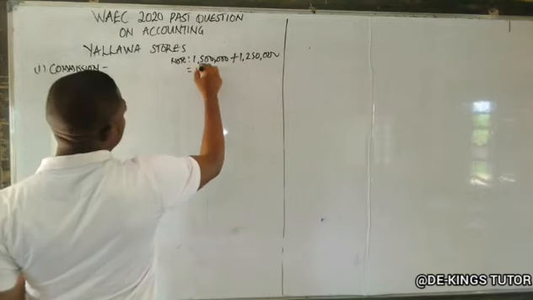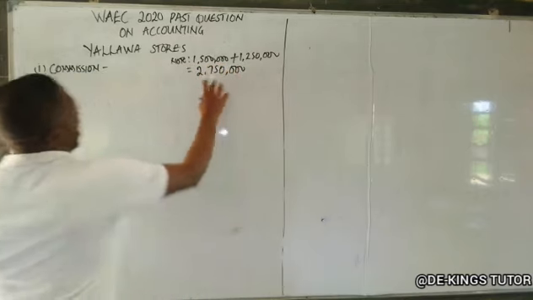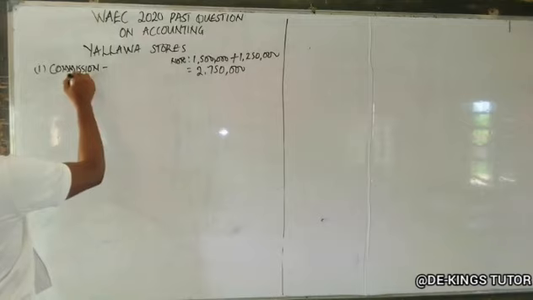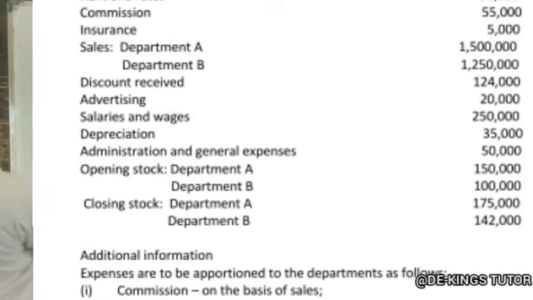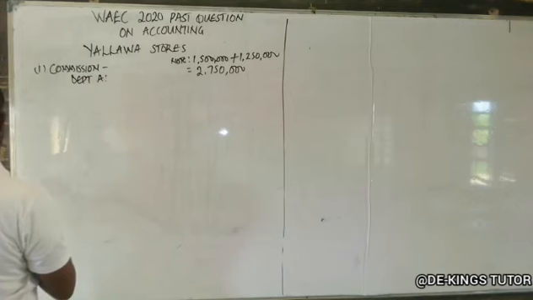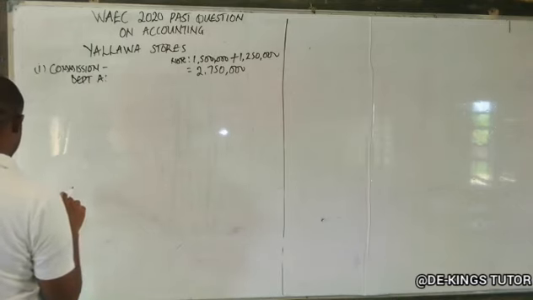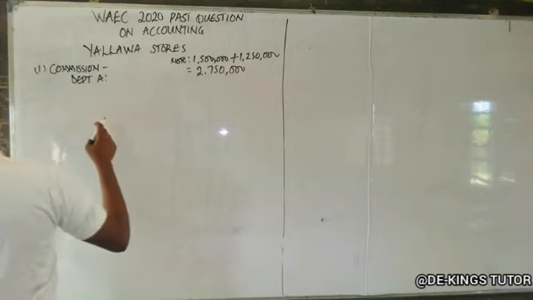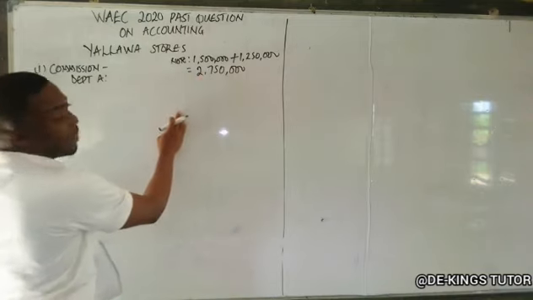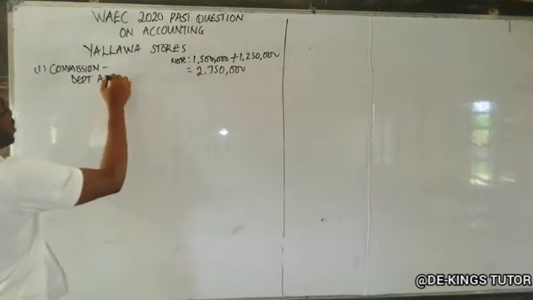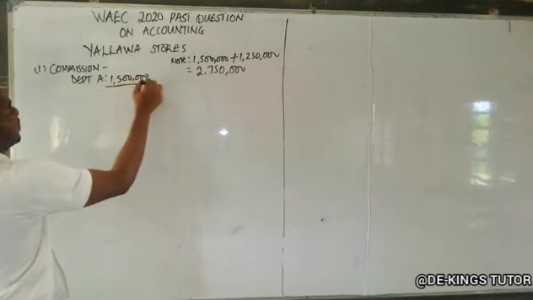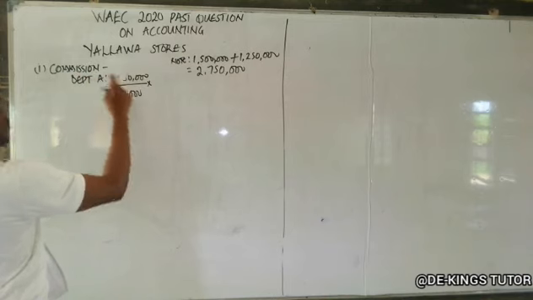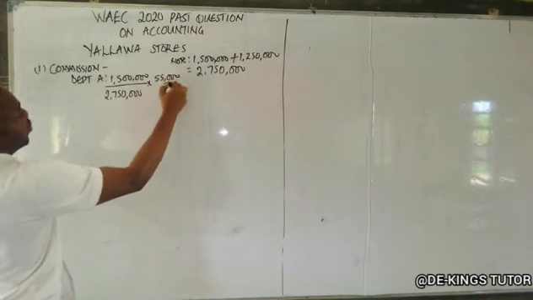So our commission based on sales for Department A: the amount for commission expenses is 55,000. Since they said on the basis of sales, it will be 1,500,000 divided by the total, 2,750,000, times the commission amount, 55,000 over 1. That's for Department A, and the amount will give us 30,000.